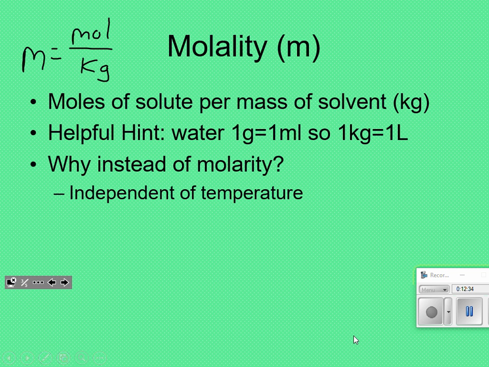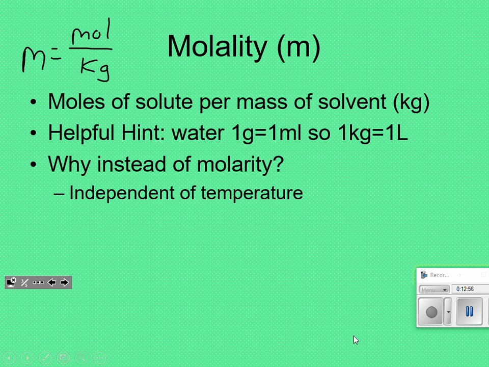Kilogram is a unit of mass. One of those two is dependent upon temperature. The mass of a substance does not change regardless of what temperature it is. The volume, however, can change. When you heat things up, they spread out usually. When you cool them down, they usually get more compact.